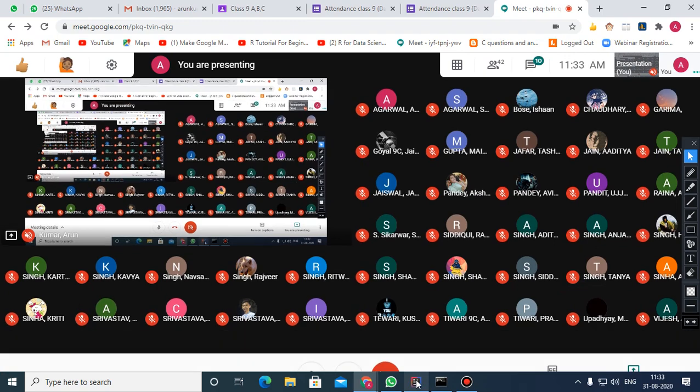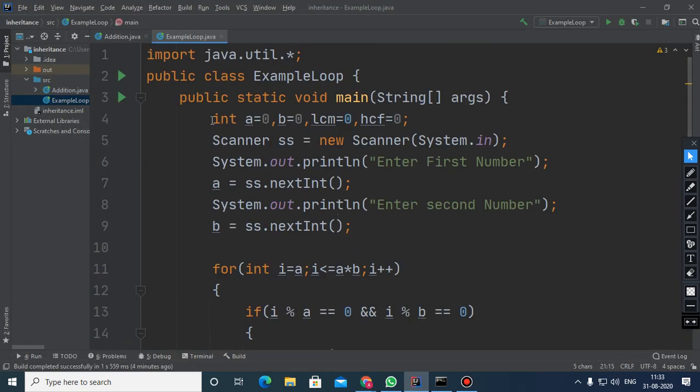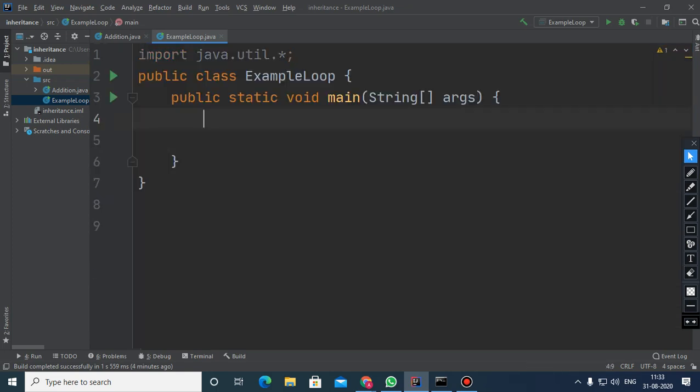Okay. Now children, I am going to give you some more examples. One more example, and that is how to print the prime factors of any number.